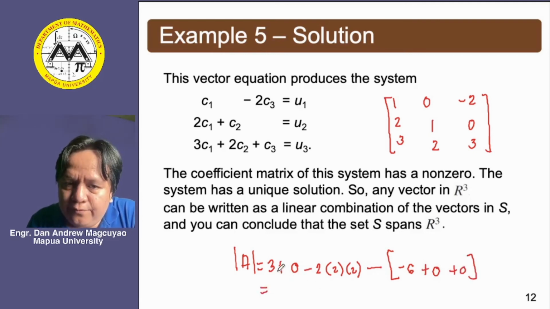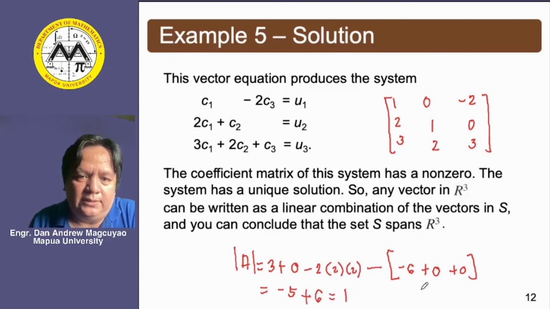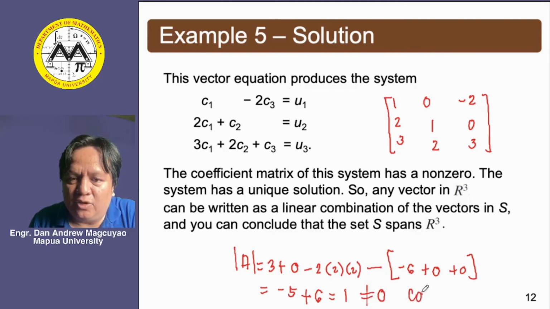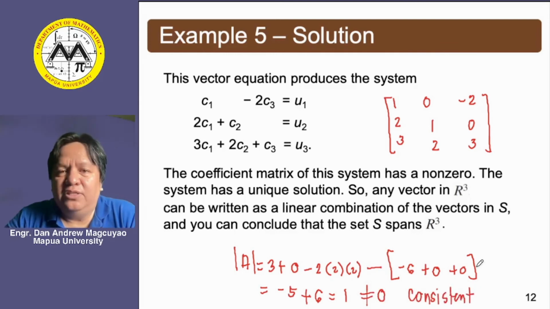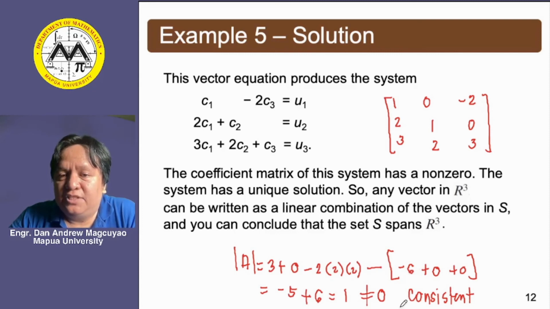If we simplify this, this would be 3 minus 8, negative 5 plus 6, equal to 1. So this is not equal to 0, meaning it is consistent. If it is consistent, then there is a solution. If there is a solution, then S spans R cube.